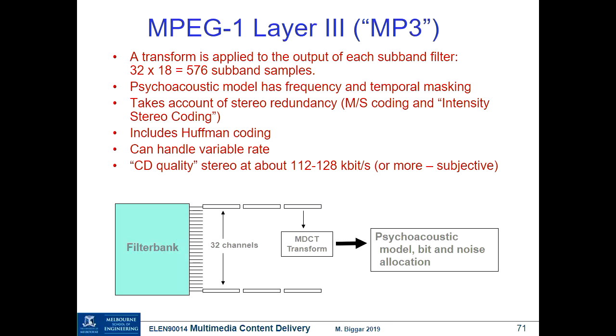So it's got frequency and temporal masking, and it's got much finer frequency resolution as a result of these two stages of frequency decomposition. It adds Huffman coding, it can do variable rate, and gets that bit rate for what we call CD quality down to around 112 to 128 kilobits per second, more or less.